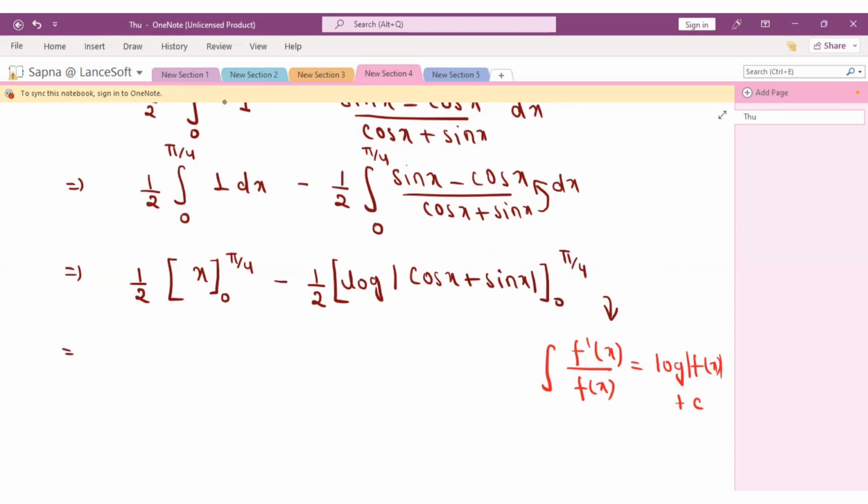Now we are towards the end only, so we just need to substitute the limits. So half, and the formula is we have to first put the upper limit minus the lower limit. Here the upper limit is pi by 4 minus the lower limit, that means x will be 0.